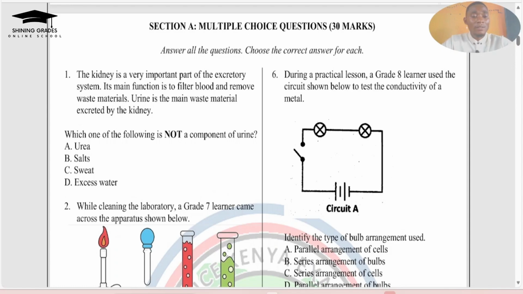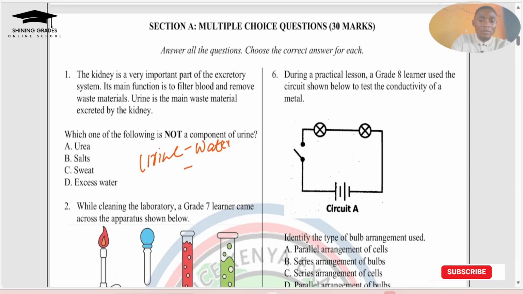So learners, some of the components of urine, we have excess water, we also have excess salts, and we also have urea as the components of urine.